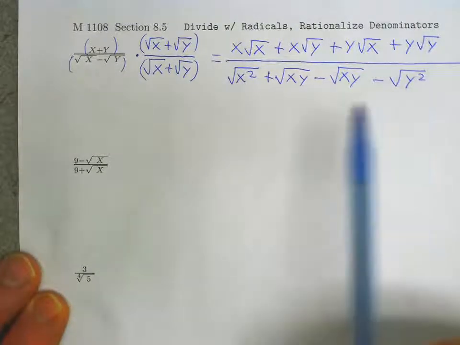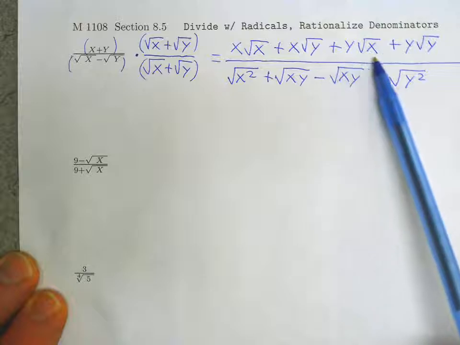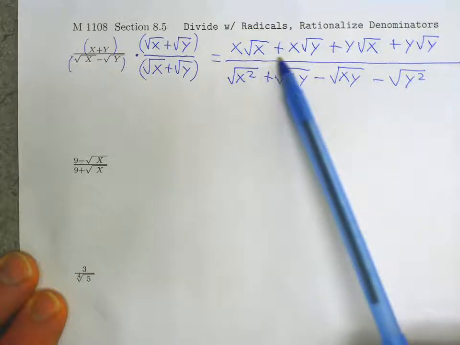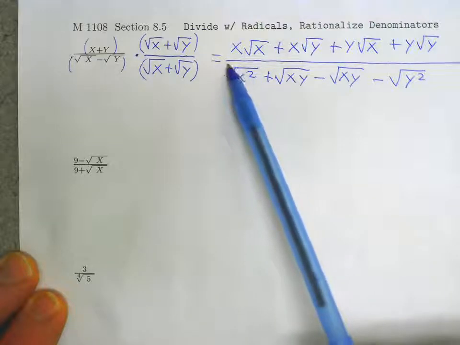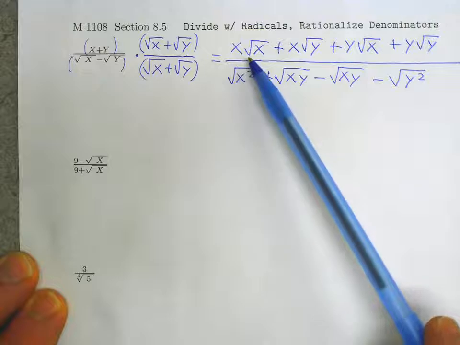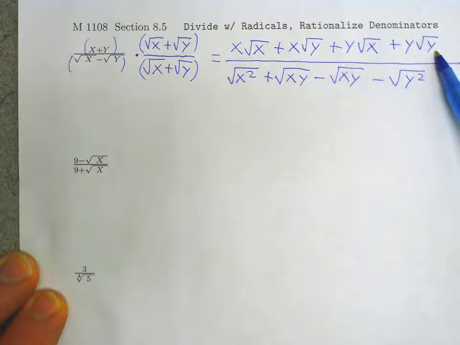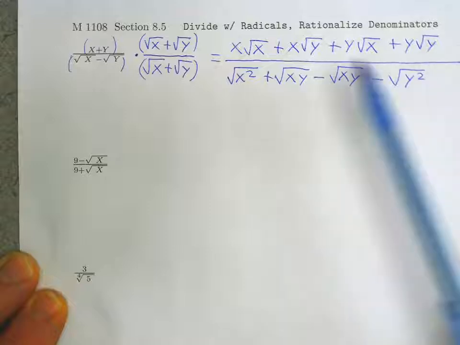Notice, make sure that you identify the terms when you're looking to combine like radicals or like terms. None of the four terms in the numerator can be combined with any of the other three. They're all different.